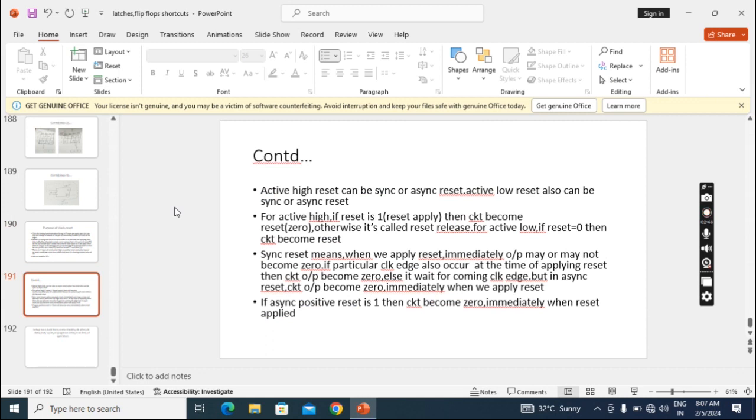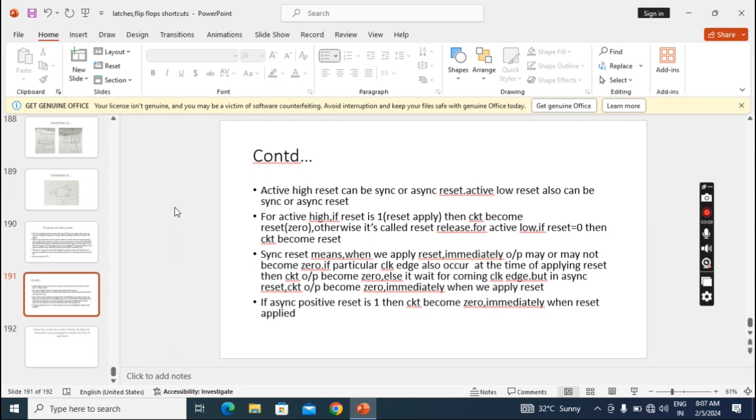But when we apply 0 to the positive reset, the circuit won't become reset. For positive reset, when we apply 1, that is called reset applied. When we apply 0, that is called reset released. Similarly for negative reset, if we apply 0, the circuit becomes reset.